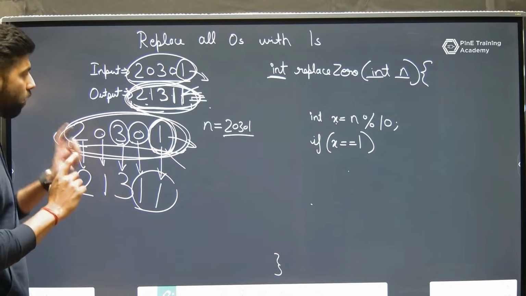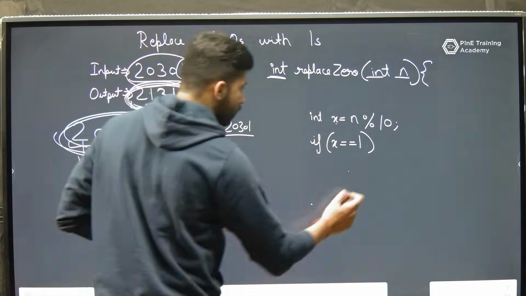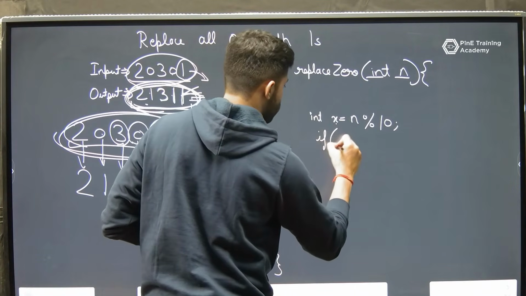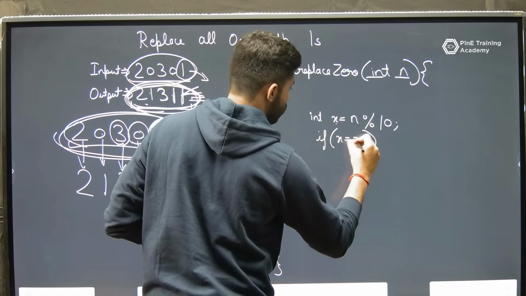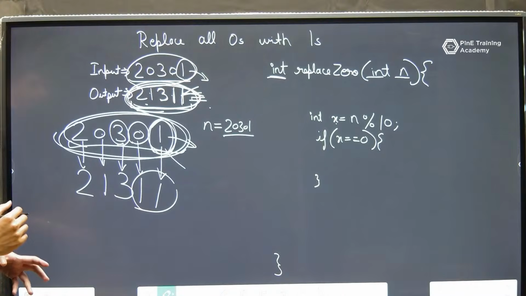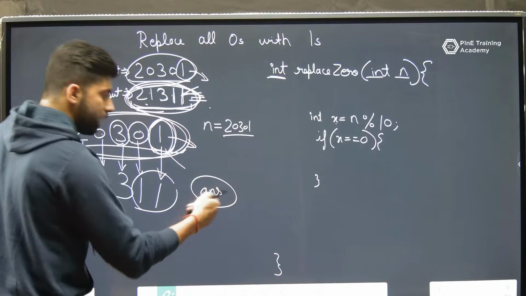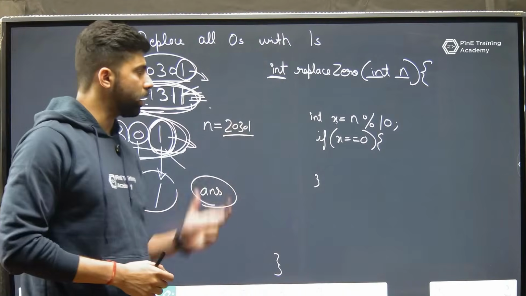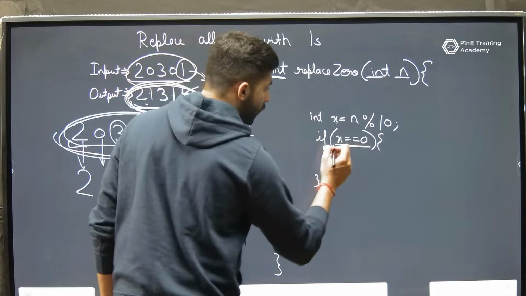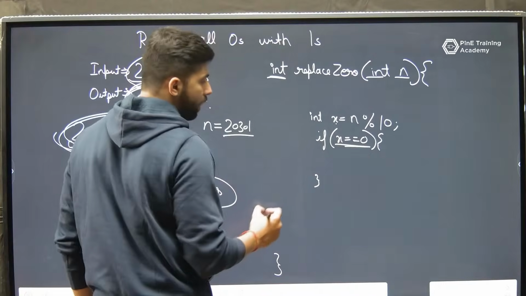Sorry, let's first write for 0, or if x equals 0, right? In this case, we will change it. We will store our answer in a separate number which we are going to return here. So if x is equal to 0, that means I need to change that particular number.